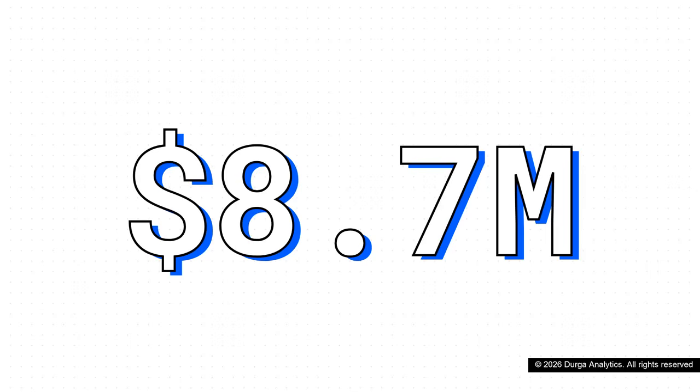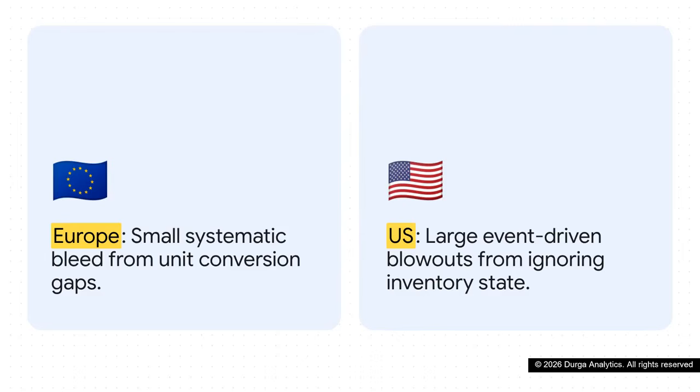Because the desk had to rush to the spot market to cover 490,000 MMBTU of undeliverable hedged volume at $22.40 during a spike, the net cover cost was a catastrophic $8.7 million. When you put these 2 composite cases side by side, you see 2 totally distinct survival threats. European desks bleed slowly through layer 1 and 2 systematic conversion errors.